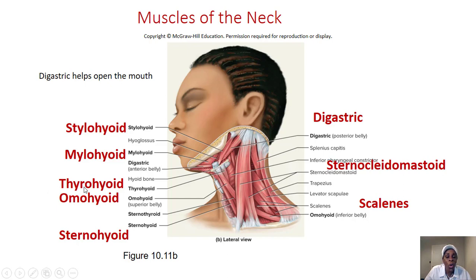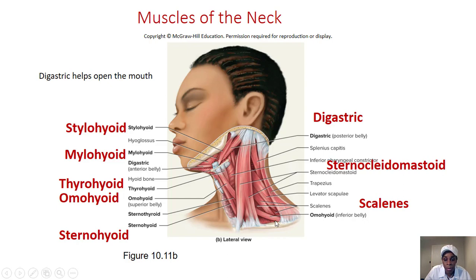Then the thyrohyoid, from the thyroid gland, the thyroid is right here, to the hyoid bone. And then the omohyoid, look at it, if you follow it, it comes all the way to the clavicle. Not the clavicle, the scapula, sorry, the back of the scapula.